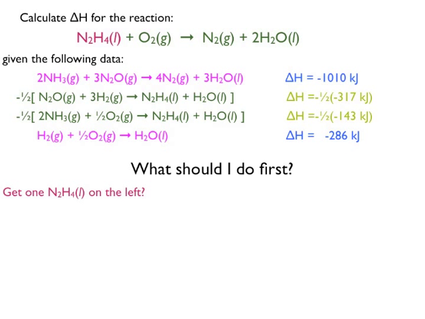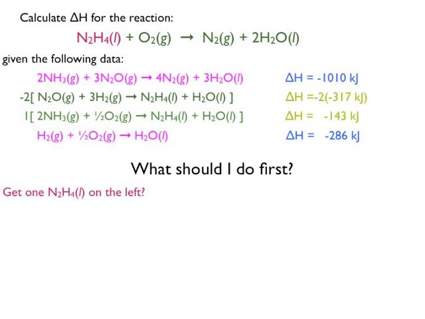Well, I could take 1/2 of each and reverse them both, and that would put 1 hydrazine on the left. Or I could take -2 of the second equation and +1 of the third equation. That would put 1 mole of hydrazine on the left. Come to think of it, there are an infinite number of ways to combine the second and third equation to get 1 mole of liquid hydrazine on the left.